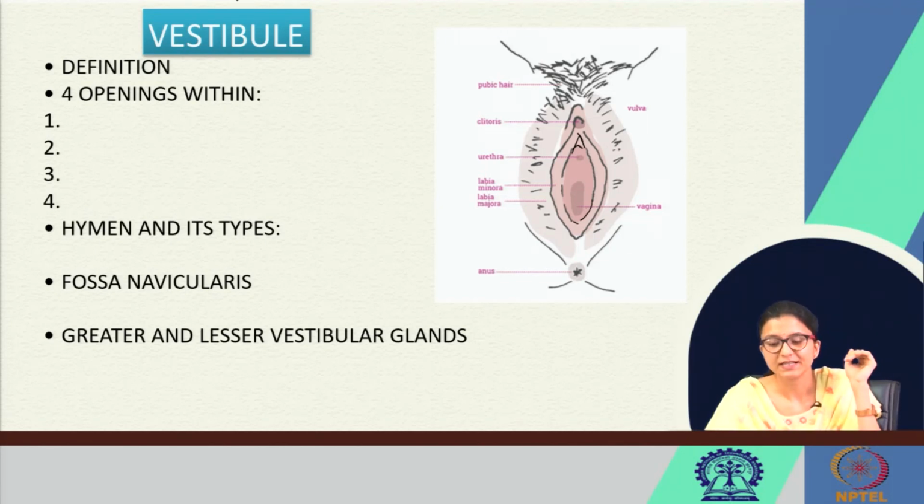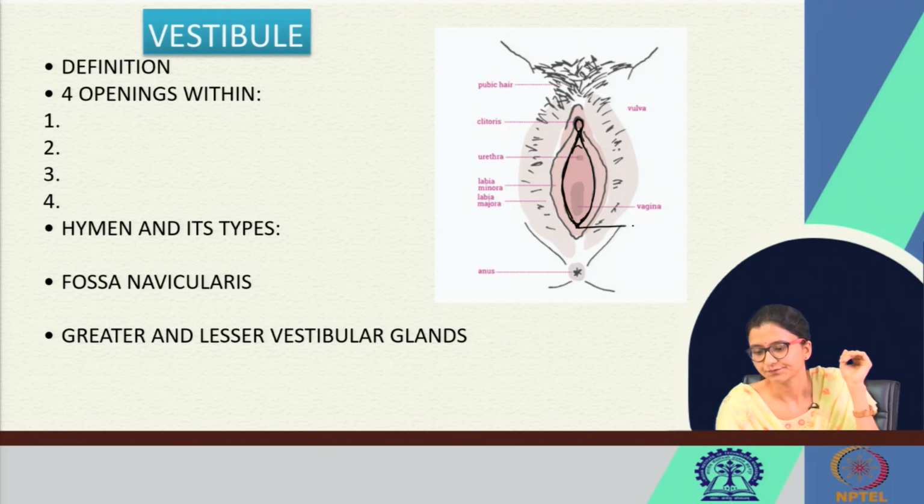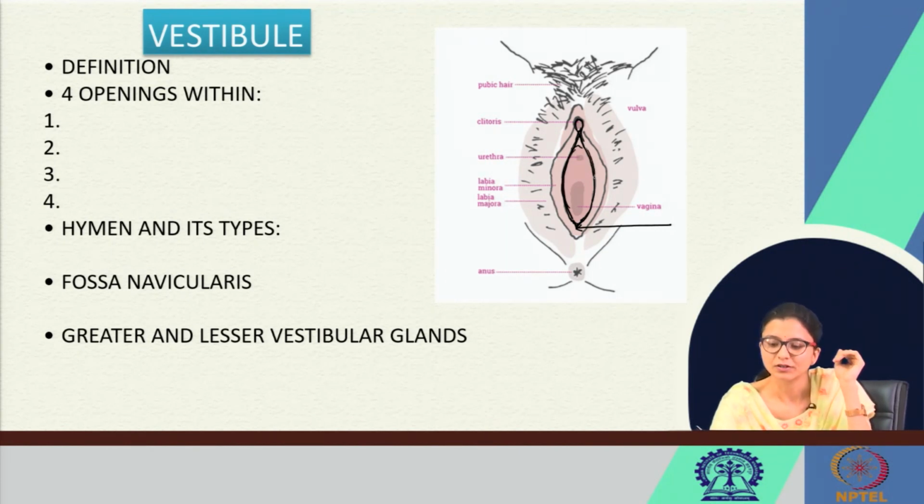So, vestibule is bounded anteriorly by the clitoris, posteriorly by the meeting point of the two labia minora, and laterally by the medial borders of the labia minora on both sides.